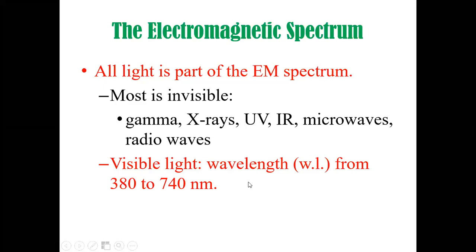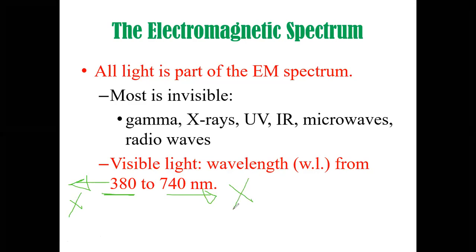Our main target is to identify the electromagnetic spectrum which has the wavelength starting from 380 to 740. So this is the range. If the wavelength is shorter than this, we cannot identify it. If the wavelength is longer than this, we cannot identify it by our naked eyes.